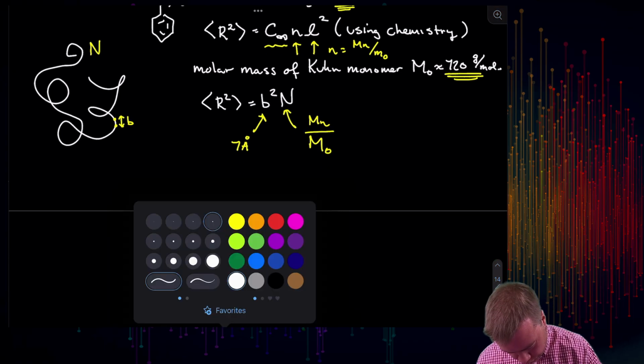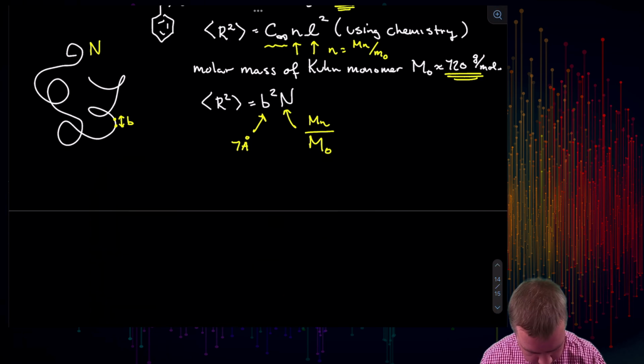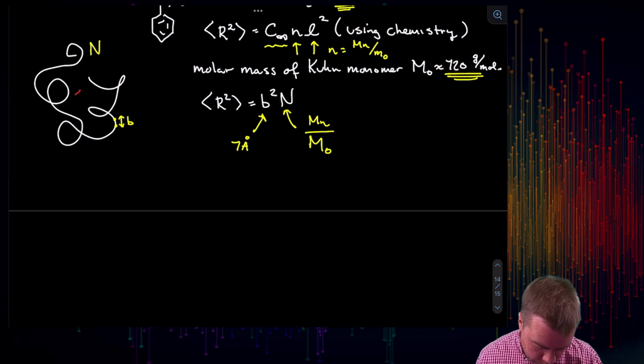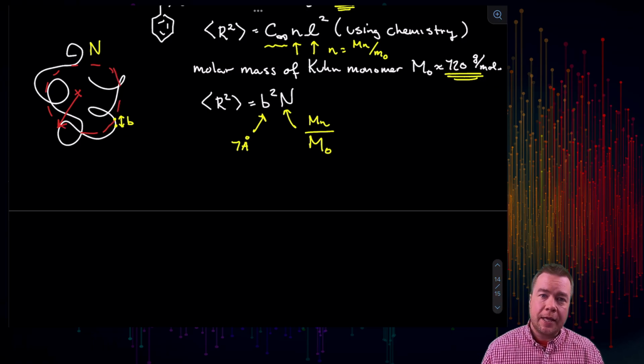Now, another thing that we could do, let me actually draw it above, let me pick a good color, above here. We could look at the average distance that each of these monomers is from the center of mass of the molecule, which is where I've placed that X. And in this case, we could calculate on average how big that is. And it might look something like that.